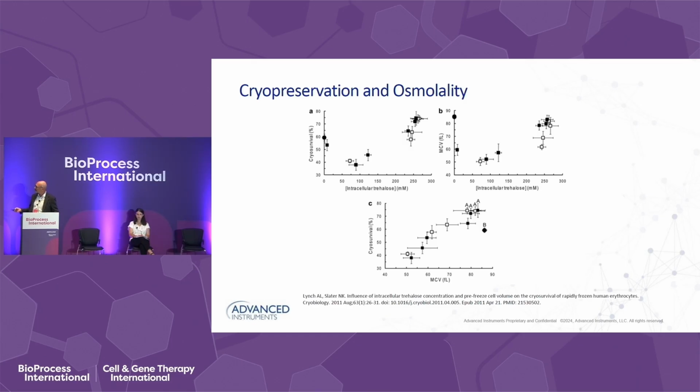Same when you look over here, and you have your over 200 millimolar. In this particular study, they were measuring the osmolality of the intracellular trehalose, and you can see it's actually even more than 200 millimolar. It was closer to 250 millimolar, where they had the best cryosurvivability. So you can see having the assurance that you're getting the right concentration with osmolality testing will assure you're getting the best survivability of your cells.